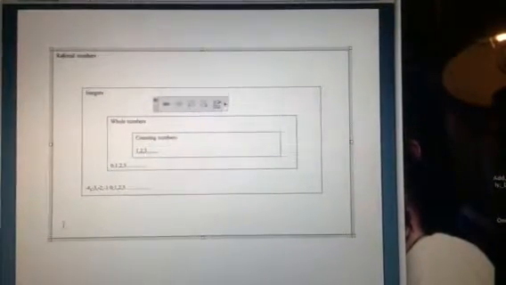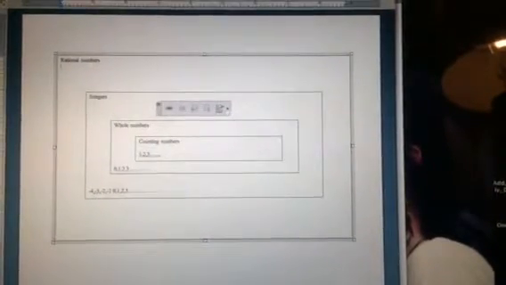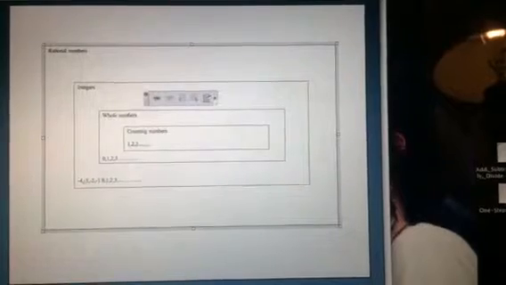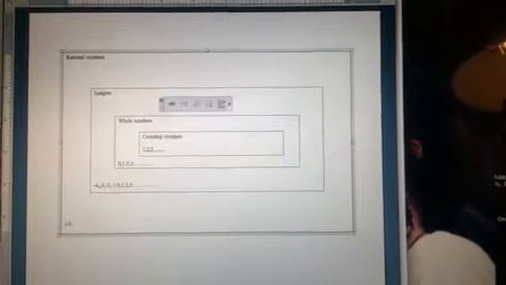Now this one's a little bit trickier to understand, but basically any number that you can write as a fraction is going to be a rational number. And I'm just going to write down some numbers down here, okay, that are rational numbers. So 1/2 would be a rational number.